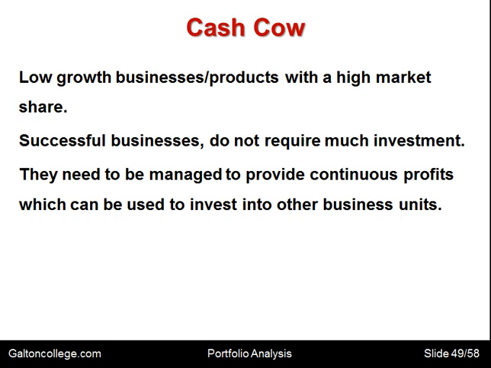They control the majority of the market. They need to be managed to provide continuous profits, which can be used to invest in other business units. So the cash that's generated by this type of SBU may be invested elsewhere in different SBUs, different products, to get a higher rate of return.